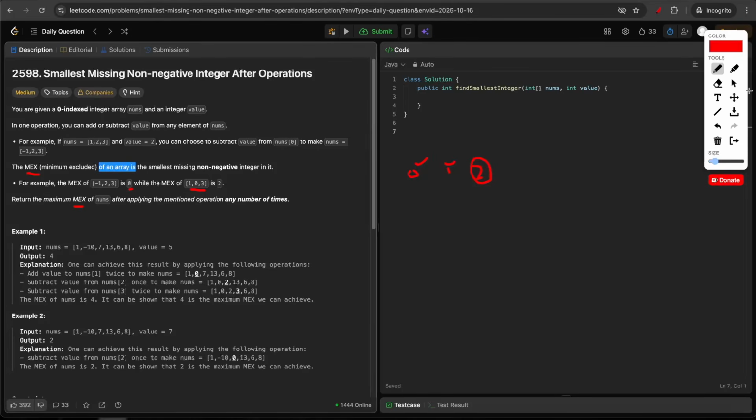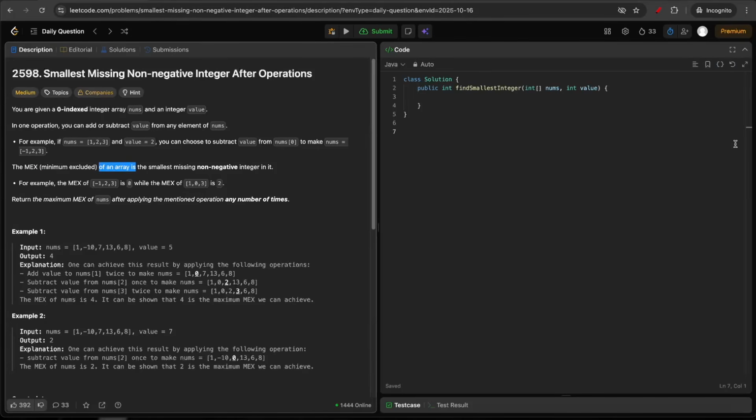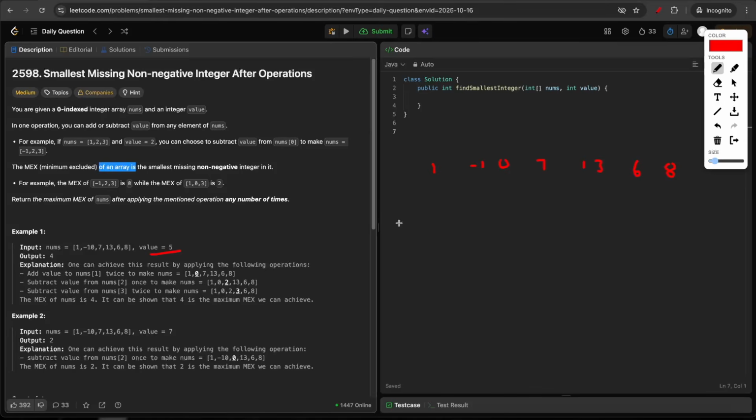So if we just look at an example, we have the first example as 1, -10, 7, 13, 6 and 8. And the value is 5. So in the first operation, he chose this number to add 5 two times.